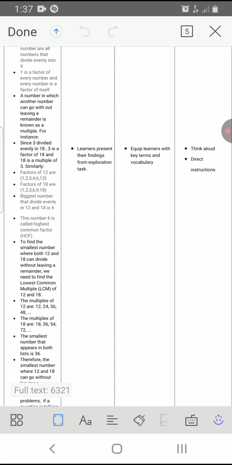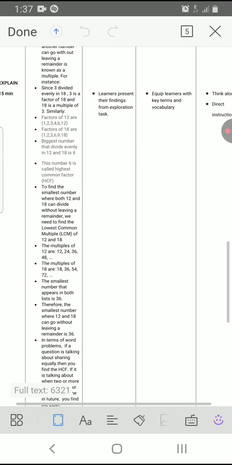Our target competence is to equip learners with key terms and vocabulary. Our strategies, we are using think aloud and direct instruction.